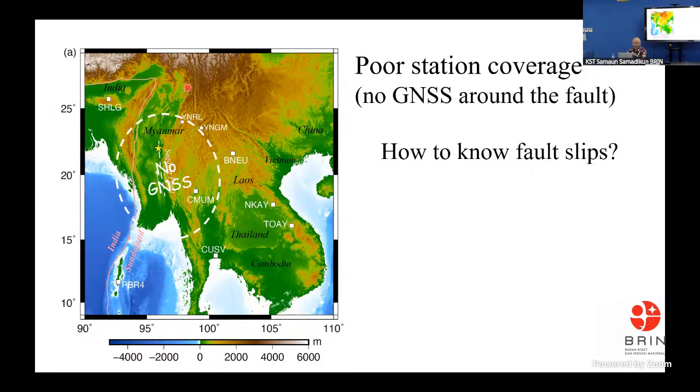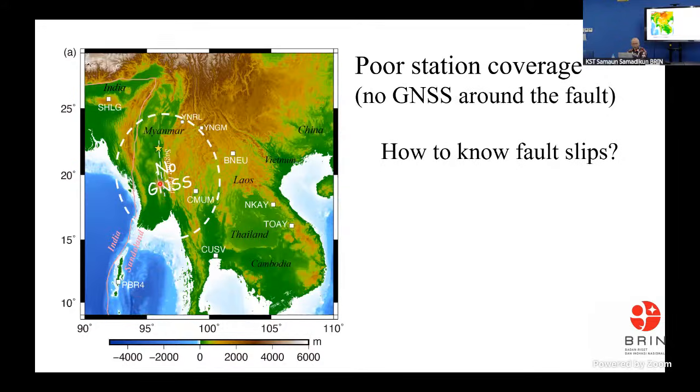So there are stations, but they are all in different countries. So these are Chinese stations, and this is a station in Laos, and this is a station in Thailand, and this is a station in India, and also this is India.